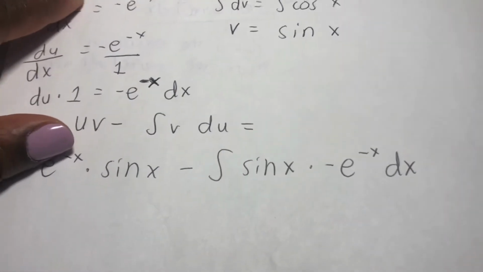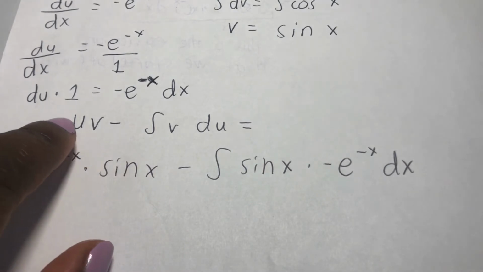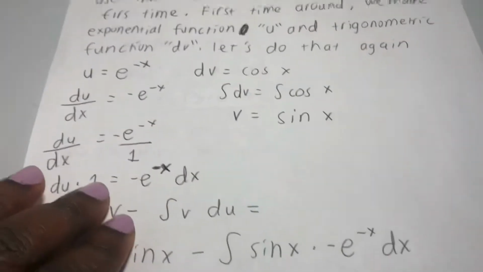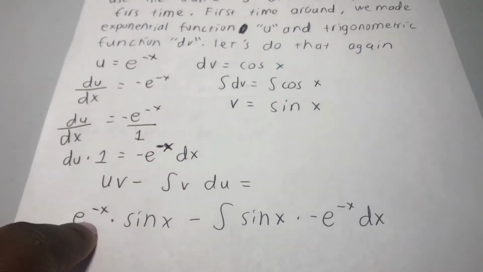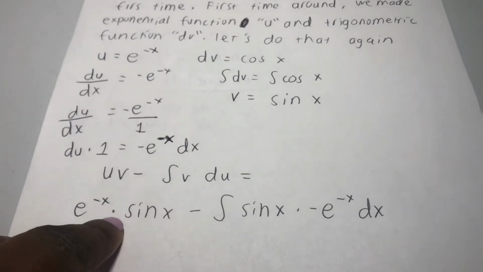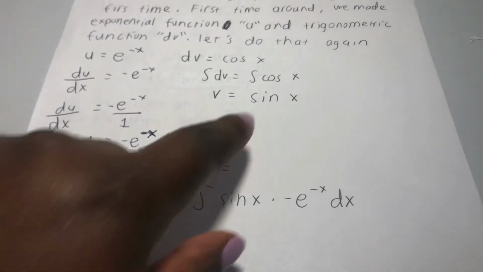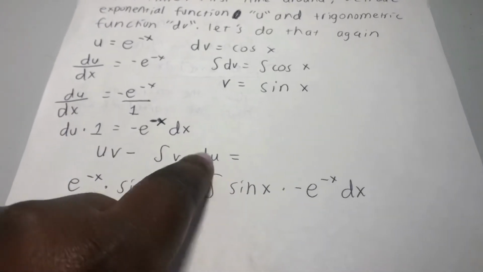And so here, uv minus the integral of v du would be e to the negative x, that's u, times v, which is sine x, minus the integral of sine x, which is v, times du.